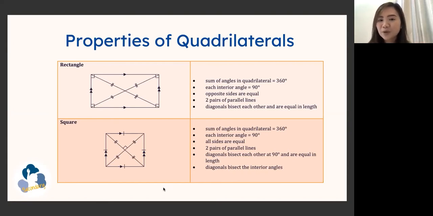But by saying that it's a square, and by including the diagonals, teachers actually expect that students know that the diagonals bisect each other at 90 degrees, and also bisect interior angles. In other words, this diagonal will cut the 90 degrees interior angle into two equal halves, 45, 45, like this.